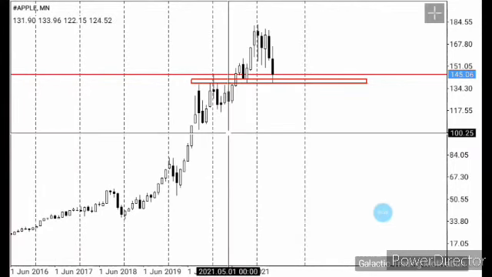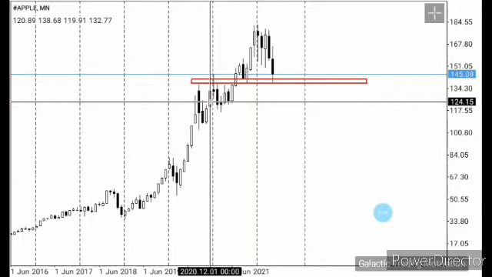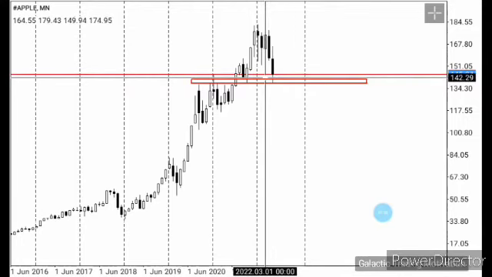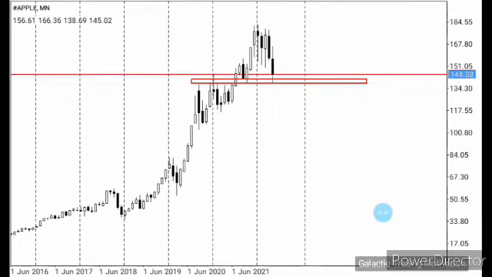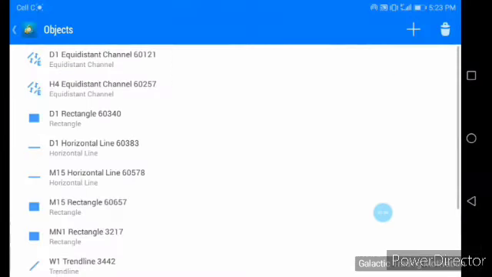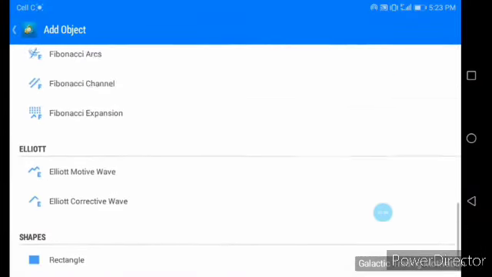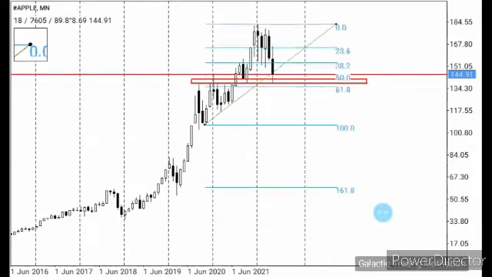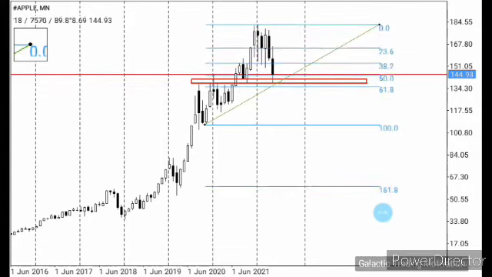Also, I'm just going to add the Fibonacci retracement tool just to see if this particular retracement to this neckline is in line with any of the key Fibonacci zones. There we go.